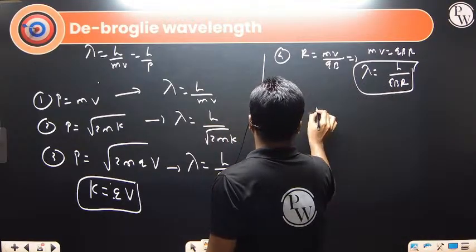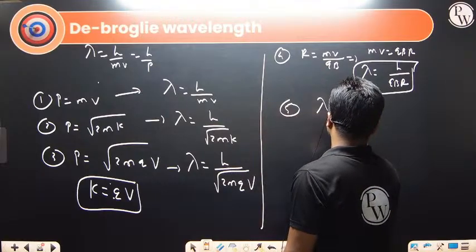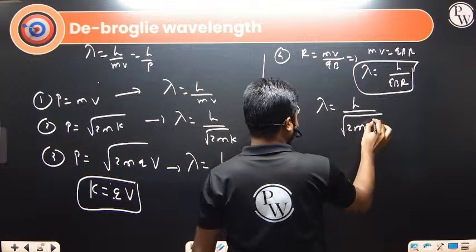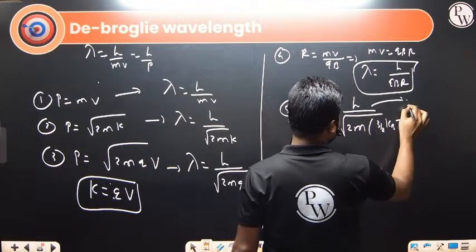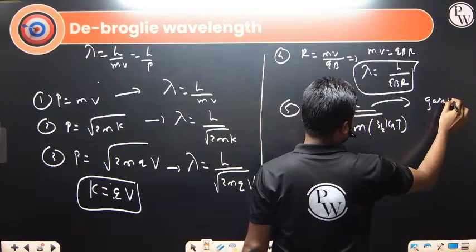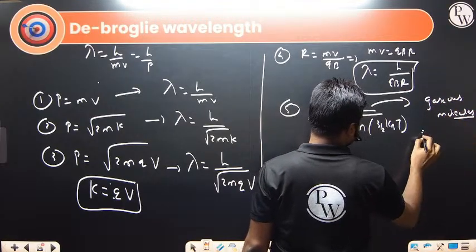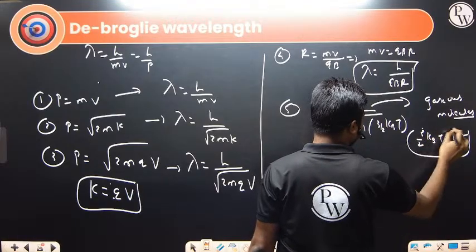Next we have lambda is h by under root 2m kinetic energy. What is kinetic energy? 3 by 2 kBT. This lambda is defined for gaseous molecules. This 3 by 2 kBT is the kinetic energy of the gaseous molecule, where T is the temperature.